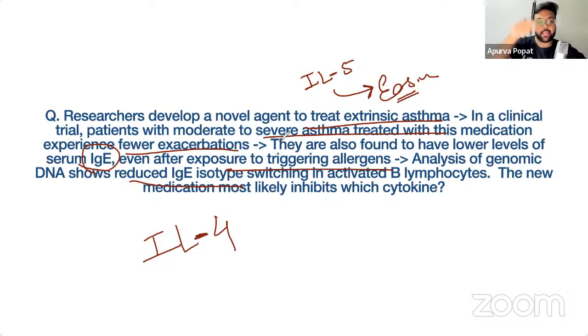So this scientist actually wants to form monoclonal antibodies against interleukin 4 so that there is less class switching from IgM to IgE. We also have some monoclonal antibodies against interleukin 5, which can prevent eosinophilic recruitment. These are some experimental drugs.